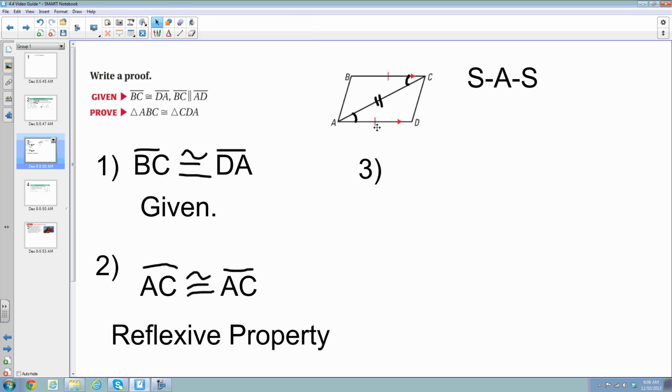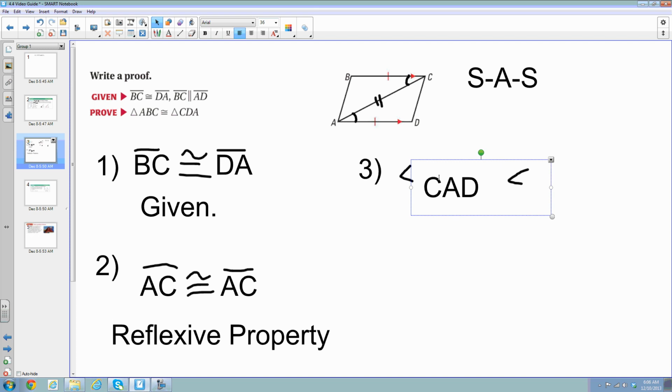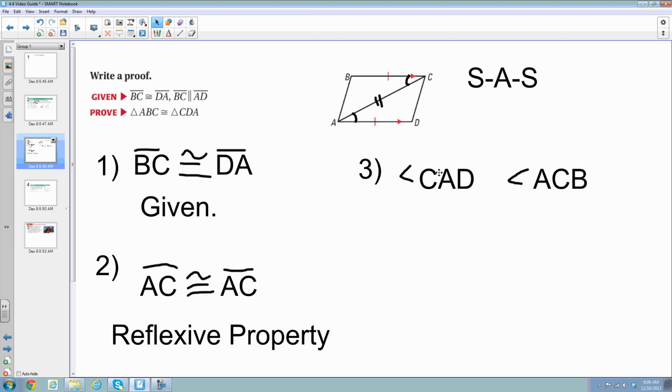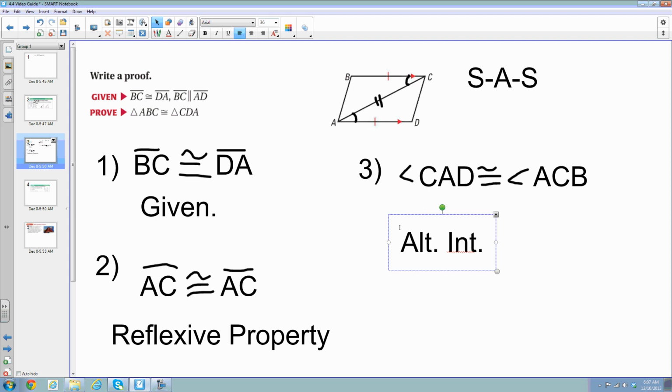So we're going to compare angle CAD and angle ACB. Comparing those, we can say that they're congruent. And the reason is the alternate interior angle theorem.